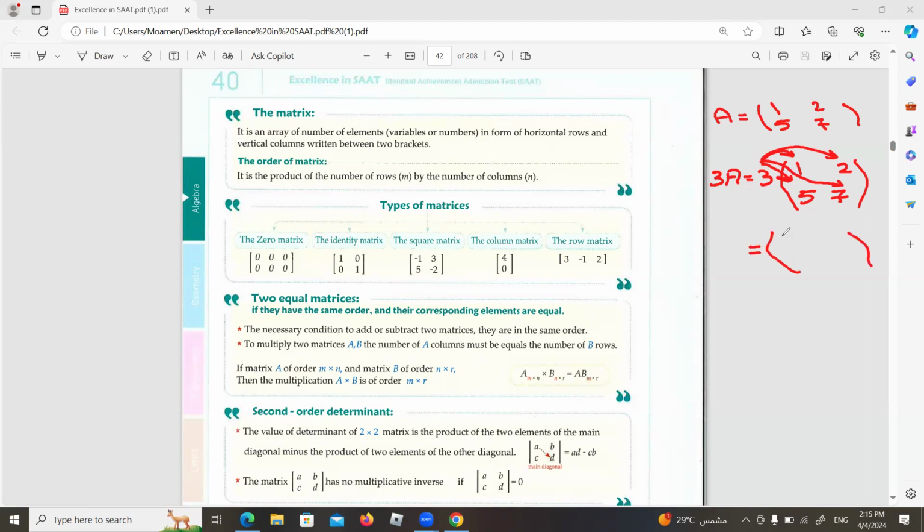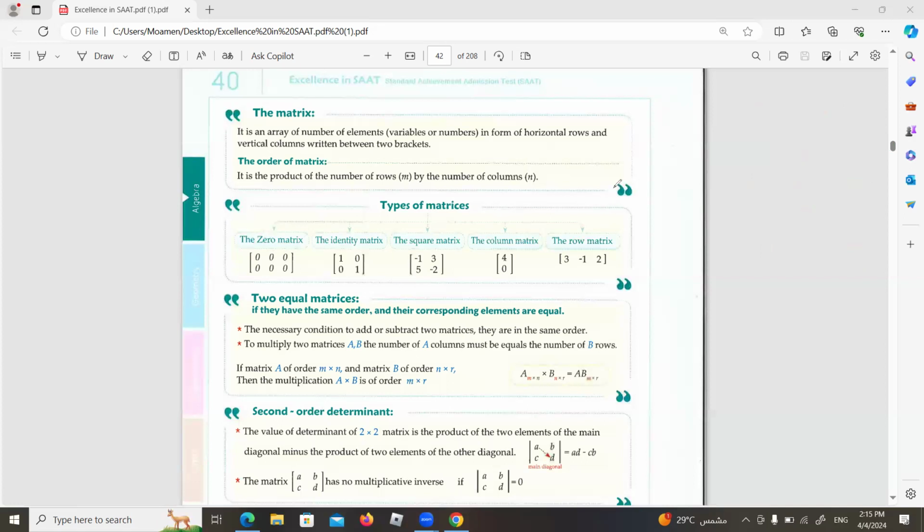So 3 times 1 equals 3, 3 times 2 equals 6, 3 times 5 equals 15, and 3 times 7 equals 21. So if we need to multiply a matrix by a constant, we just distribute this constant over the elements of the matrix by multiplying, of course, whether this number is negative or positive.